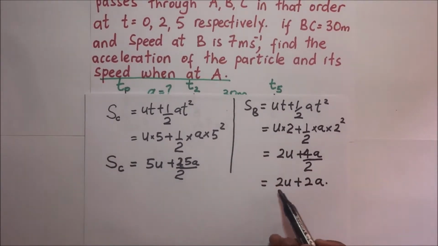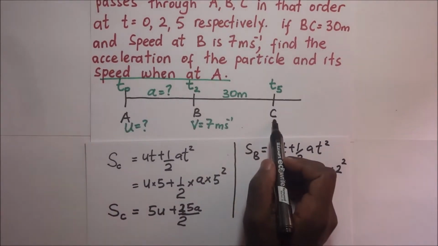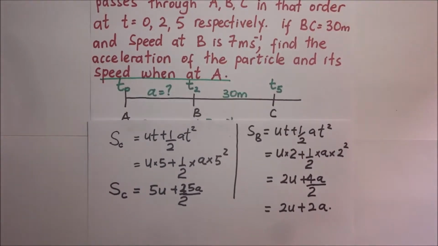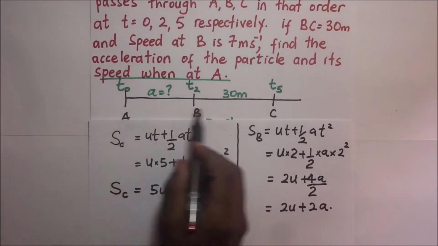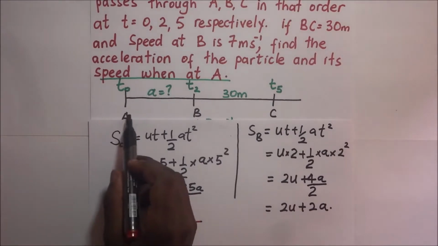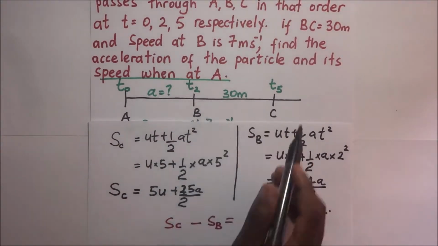So we have our expression for SB, we have our expression for SC, and we know that SC minus SB gives us 30 meters. So we shall say that the distance covered after C minus the distance covered after B gives us 30 meters.